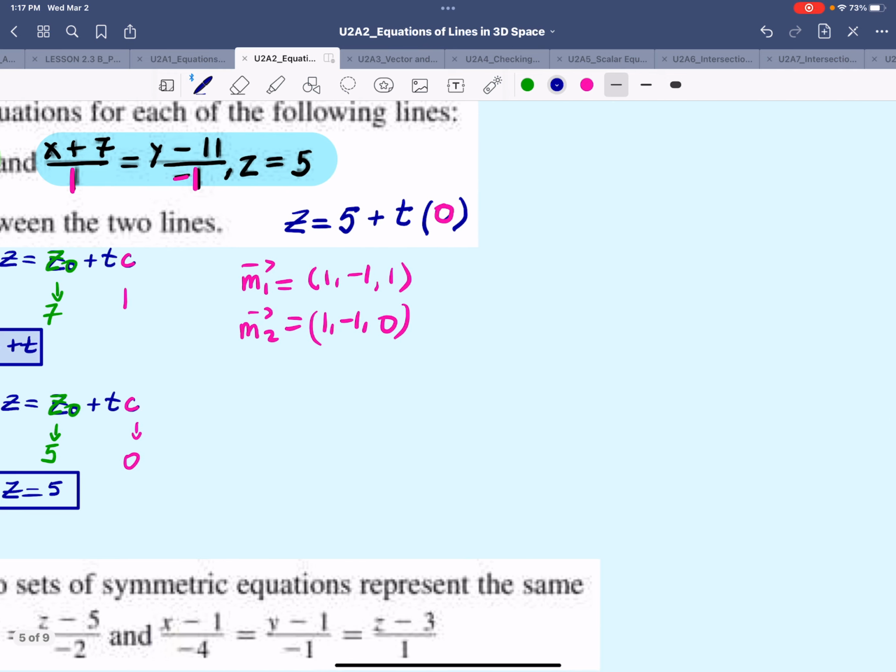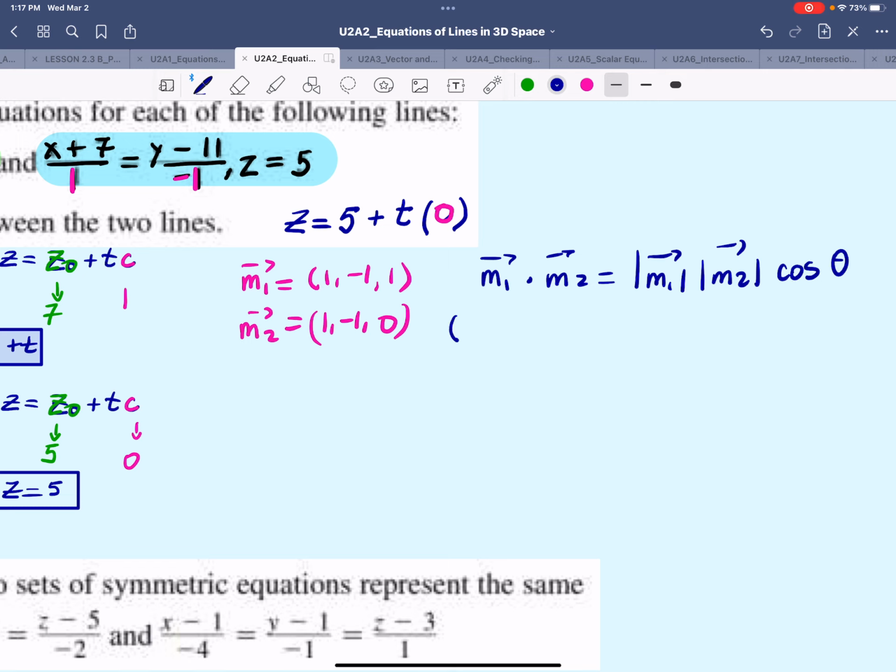So we're going to say that m1 dot m2 equals magnitude of m1 multiplied by magnitude of m2 multiplied by the cosine of the angle made between them.